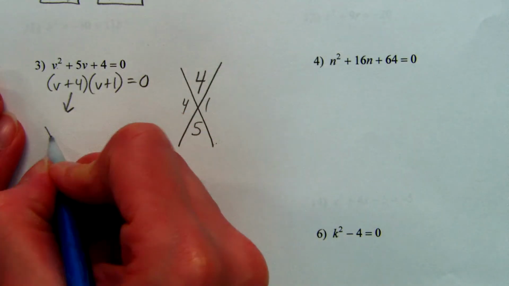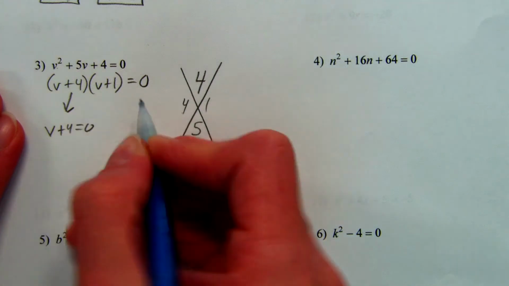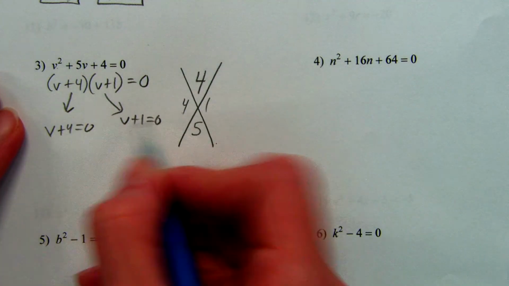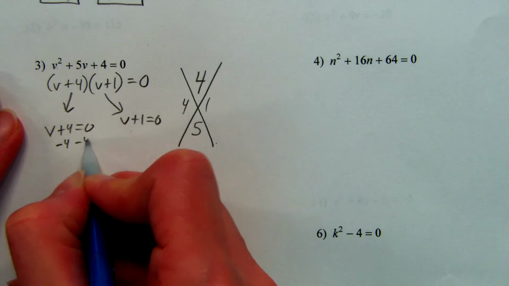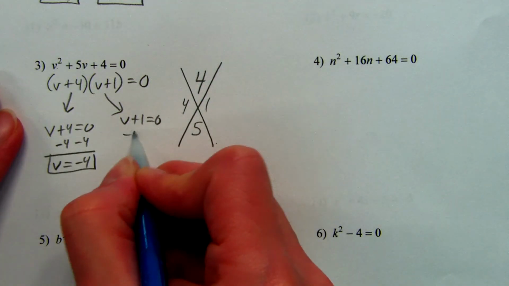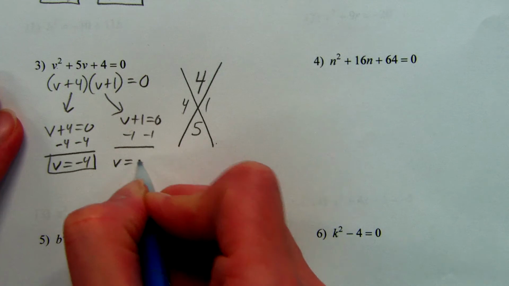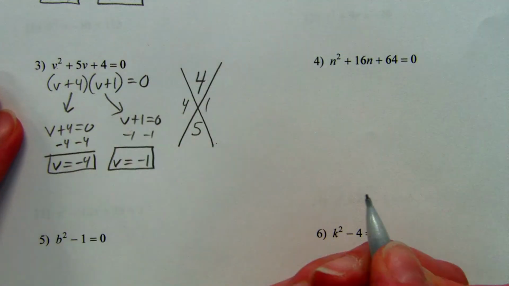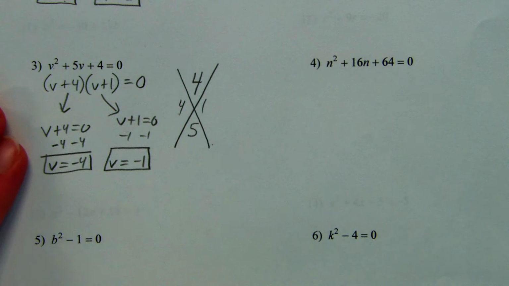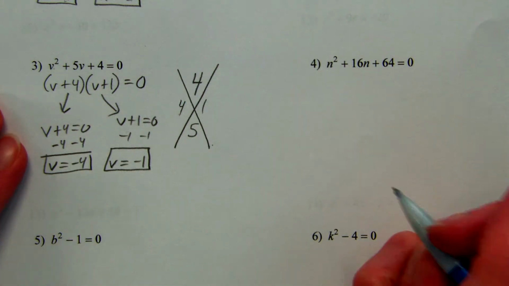So we're either going to have v plus 4 equals 0 or v plus 1 equals 0, and then you just solve those. So subtract 4 on the first one, we get -4. Subtract 1 on the second one, we get -1. So it's just adding a little bit to what you've been doing.